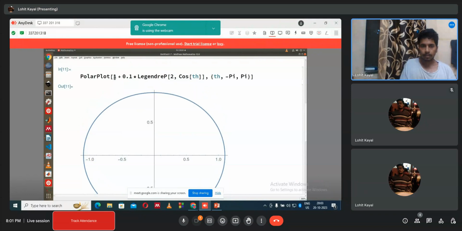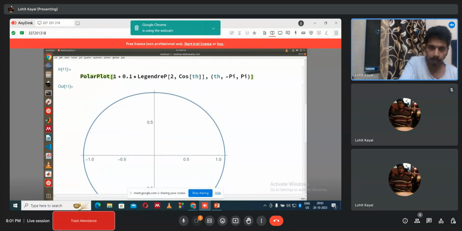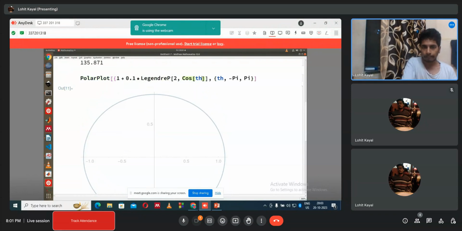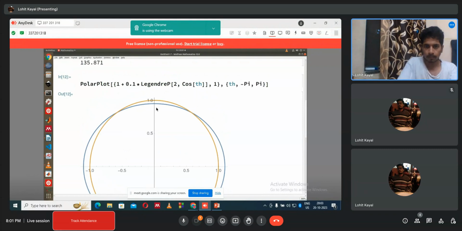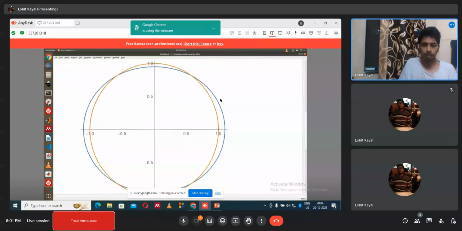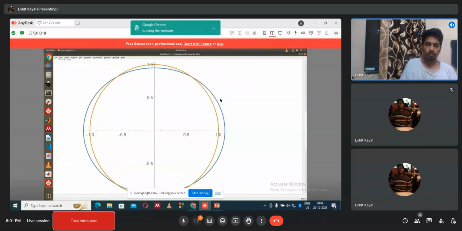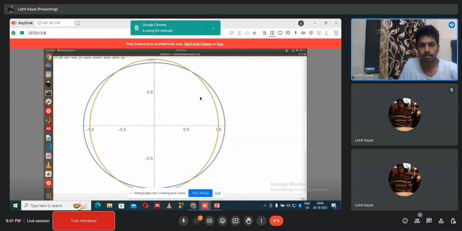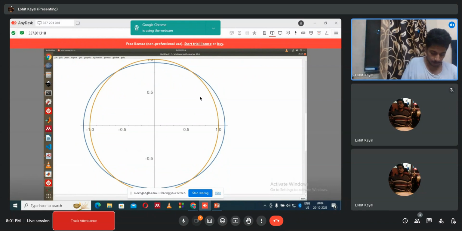Okay, so I will tell you what I am doing. See here, this yellow thing is the original sphere, and the blue one is the perturbation on the sphere, and this is P2.